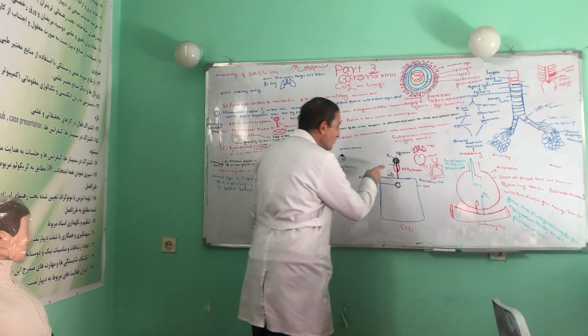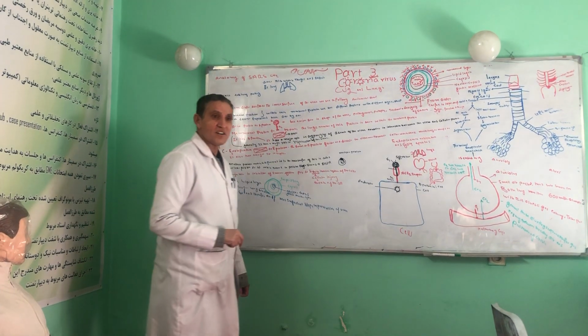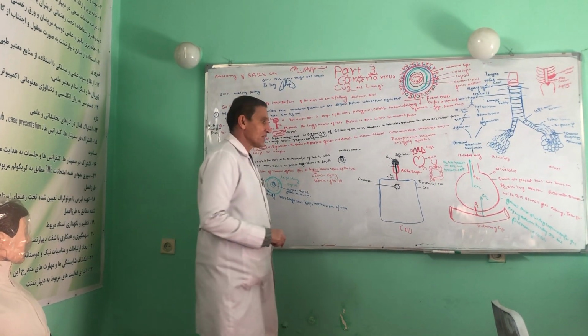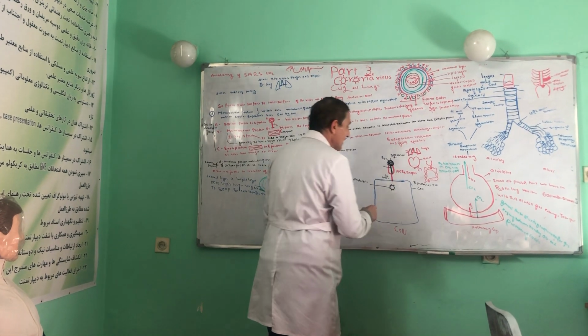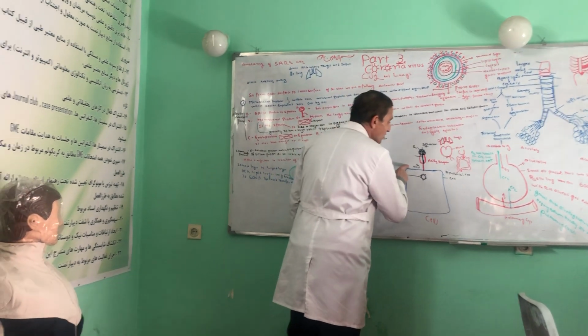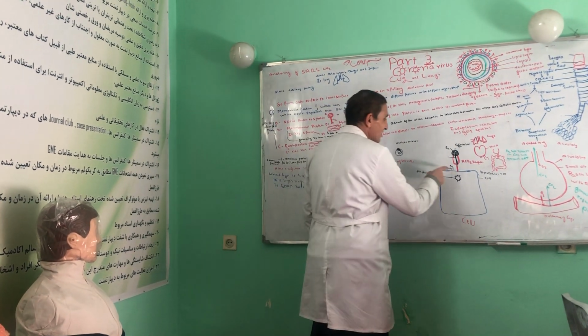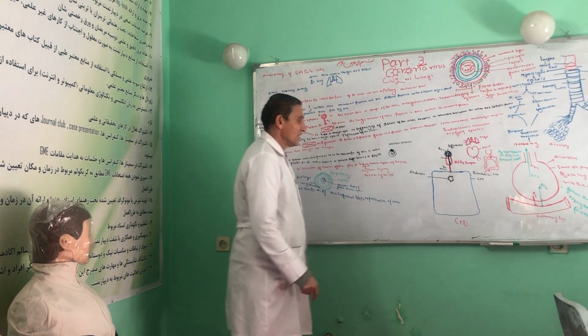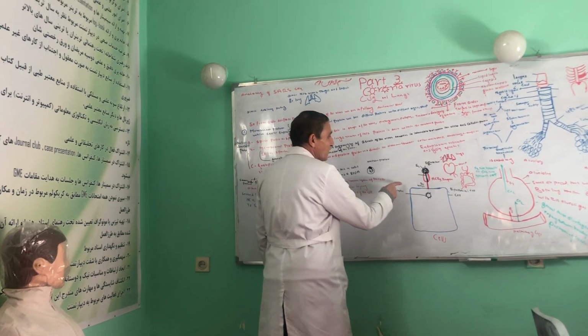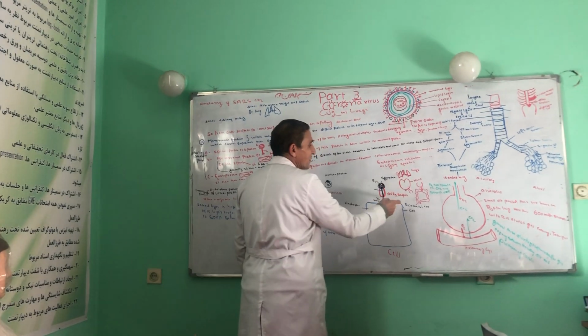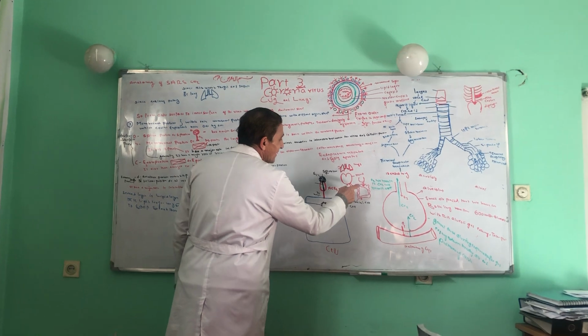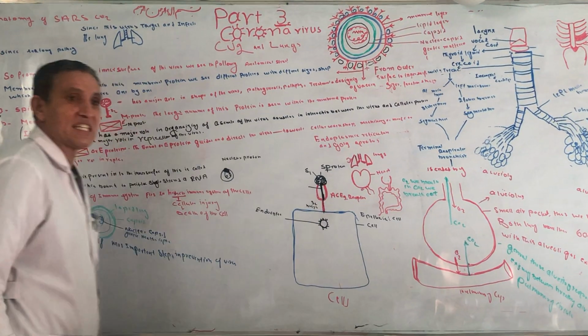So let's have a few words about the S2 receptor, or angiotensin converting enzyme receptor 2. This S2 receptor is present on the surface of pneumocyte type 2. In addition, this receptor is also expressed in the lungs, heart, intestine, as well as kidneys.